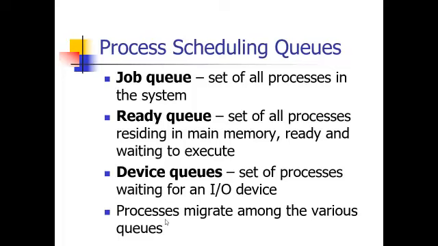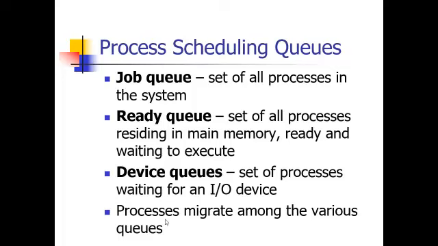And then we have a device queue. Each device will have its own controller as well as certain buffer space or memory, which we have discussed in the first chapter as well.